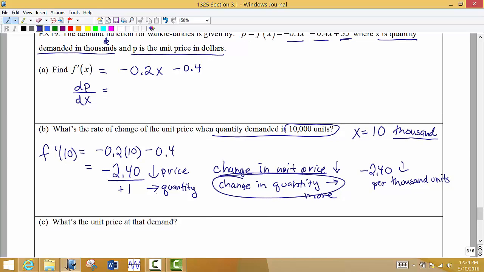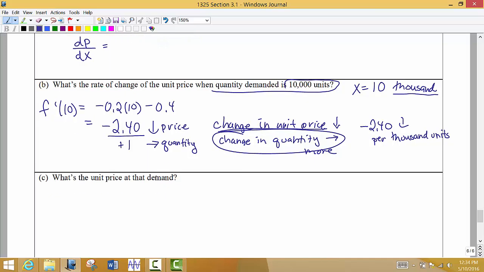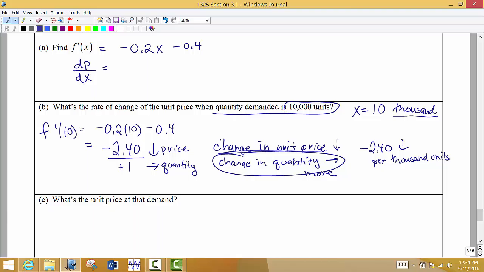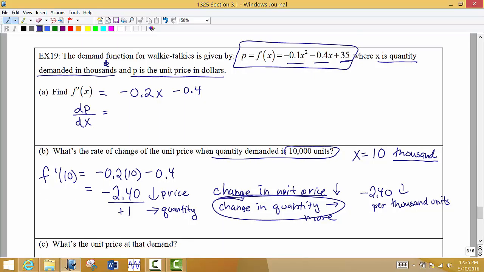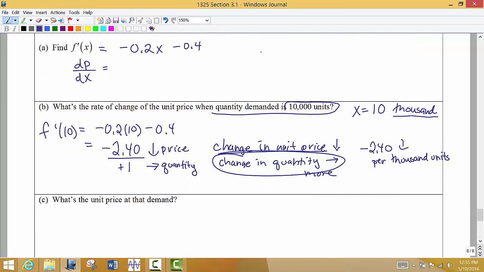What is the unit price at that demand? How much am I actually charging if I'm selling 10,000 units? In this case, I need to go back to my original function, the function that tells me the actual unit price, not the change in unit price. We're going to find the price when 10,000 units are sold.